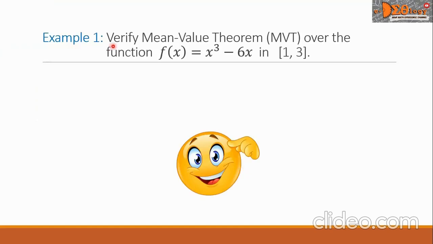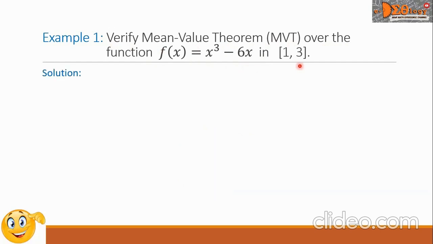Example 1. Verify the mean value theorem, or MVT, over the function f of x equals x cubed minus 6x in the closed interval from 1 to 3.